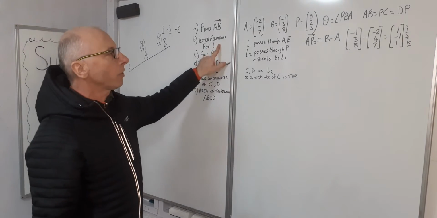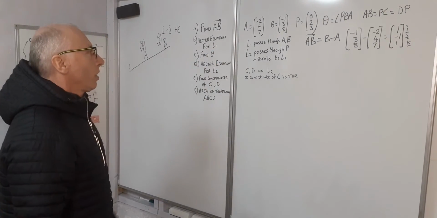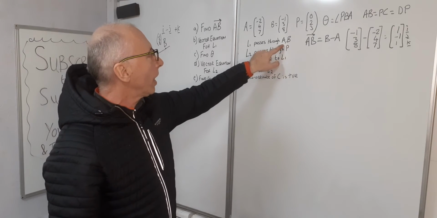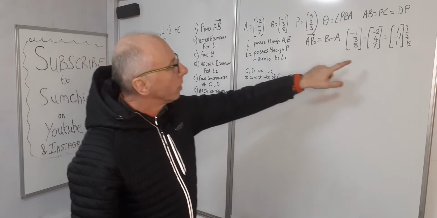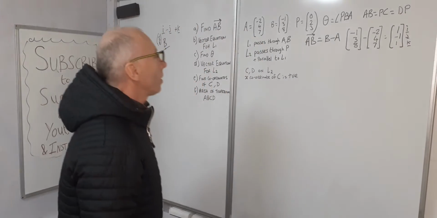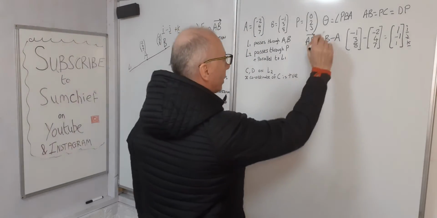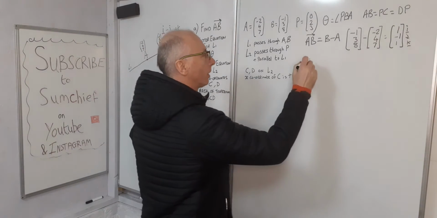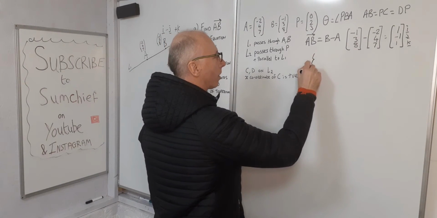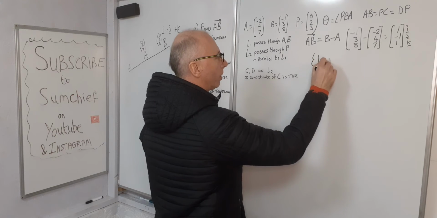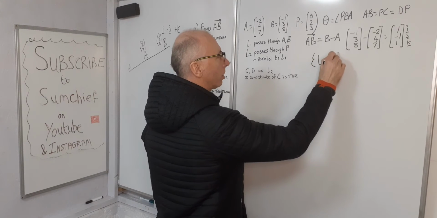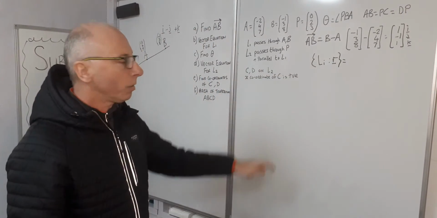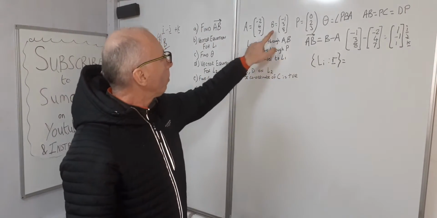Okay, so vector equation for L1. We know it passes through A and B, so we've got the 2 points on there, but we also need the direction, which is this vector. So what we say is L1, call it r, equals, and we're ready to set up one of the beginning points.